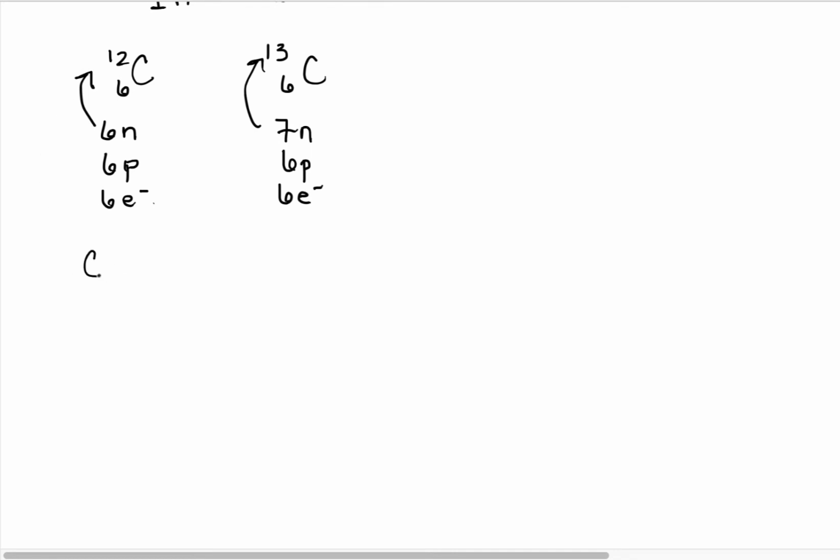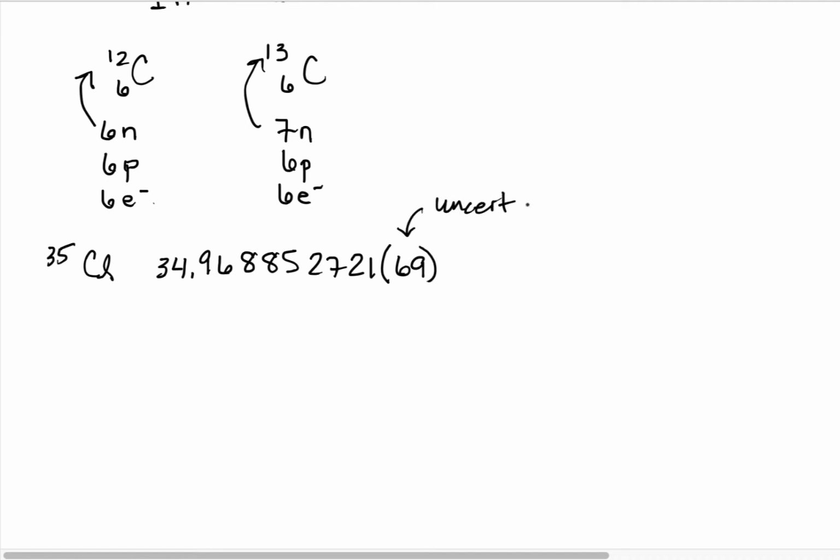So let's see that happening. Okay, chlorine-35 has a mass of 34.968852721. And then the 2 numbers that remain, these are uncertain digits. And the units are atomic mass units. And the abundance was 75.784%.